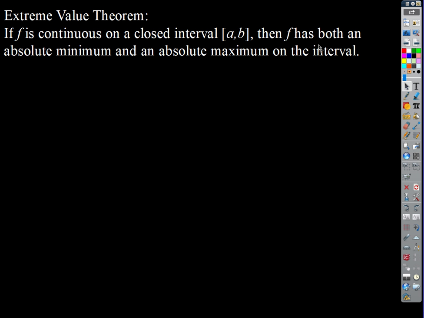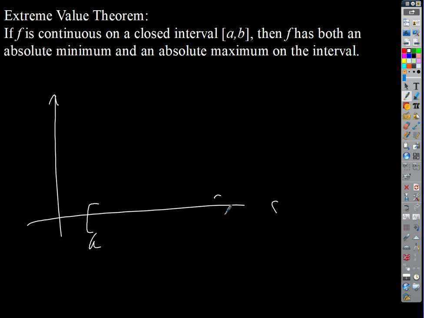What's our working definition of a continuous function in terms of like my pen and the board? Never comes off the board, right? And if it's a function, I can't violate the vertical line test, right? So I defy you to get from, we'll call this, so here's a, and there's b, and let's say here's the point a, f of a, and here's the point b, f of b.